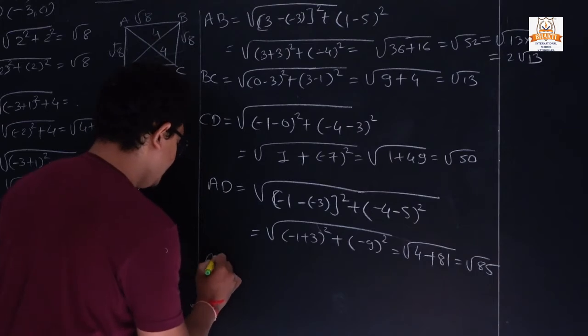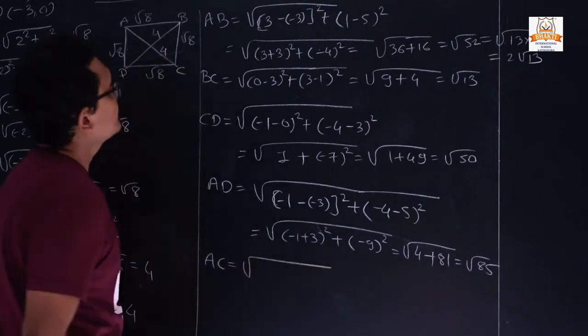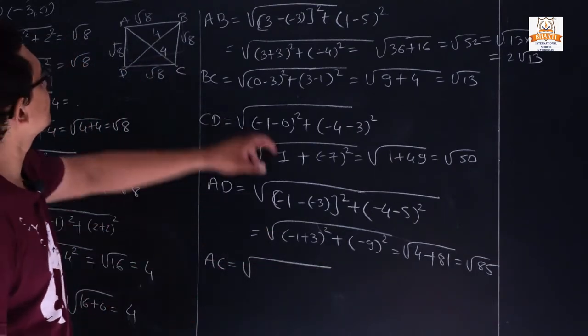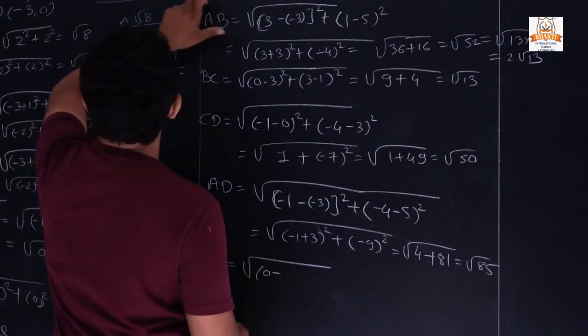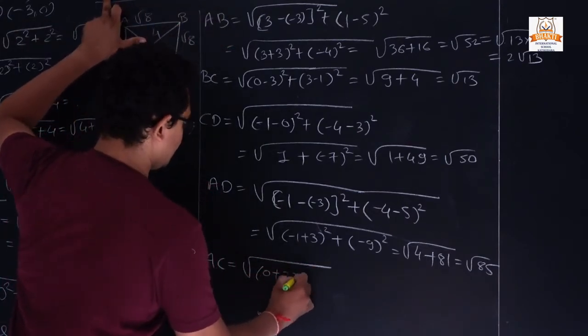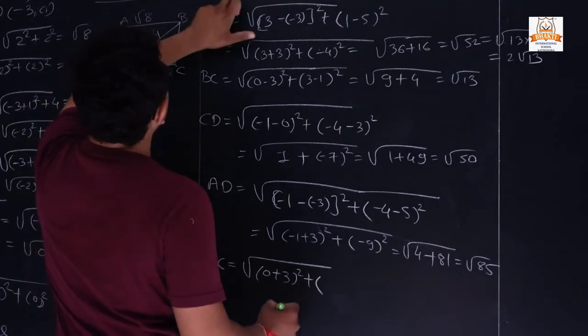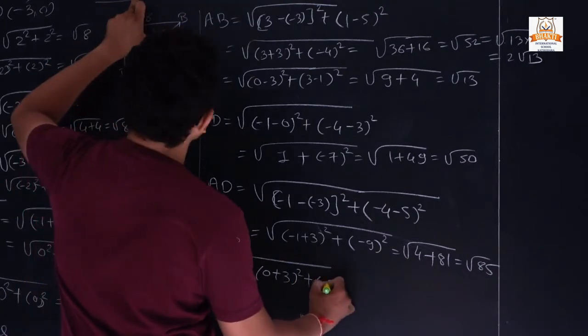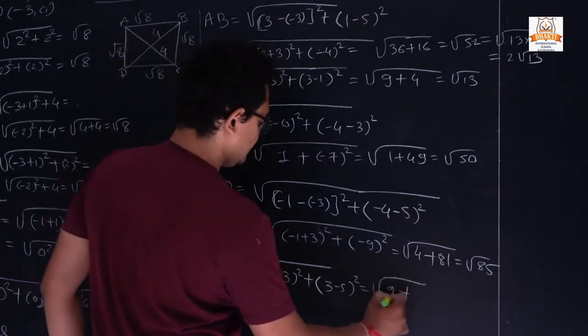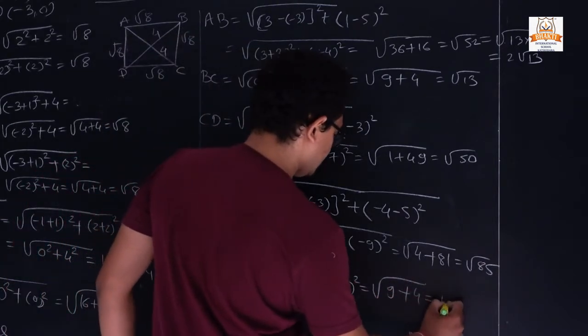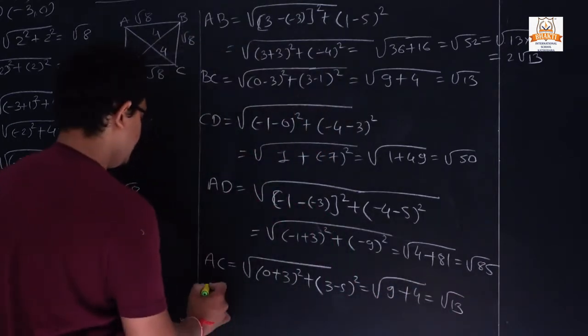So it means we can also find its diagonal AC. We can also check for its diagonal. So AC, 0 minus plus all square, y2 minus y1 all square. So 3 square is 9 and 2 square is 4. So under root 13. Now BD.